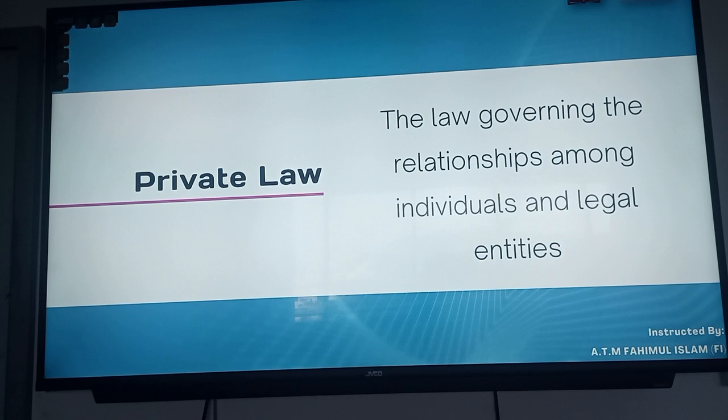Suppose Ms. Paula owns a house in the suburbs and wants to sell it. She enters into a contract with Mr. Bob to sell the house for, say, $200,000. The sale goes through and Mr. Bob takes possession of the house. This is also private law through contract. So these are real life examples of private laws.